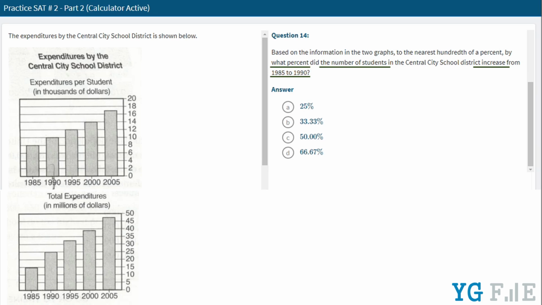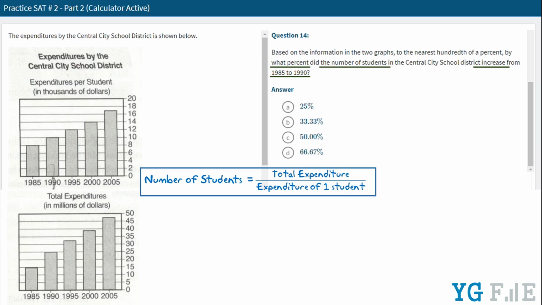Using the same method as the previous problems, the number of students can be calculated as the total expenditure divided by the expenditure of one student. First, we can find the number of students in 1985. We can see from the graph that the total expenditures in 1985 is $15 million, while the expenditure of one student is $8,000.